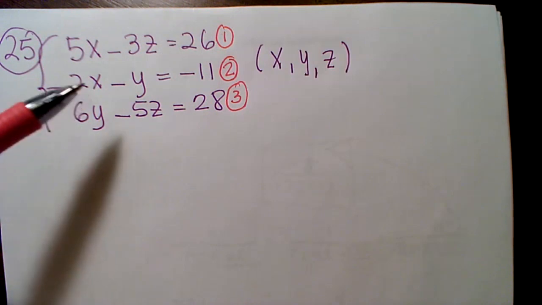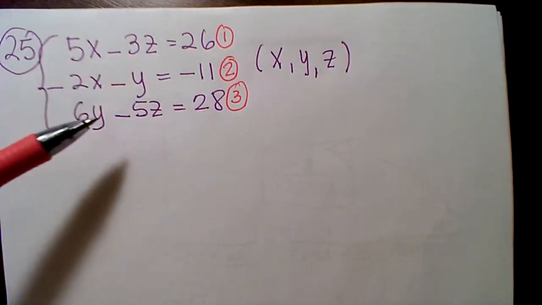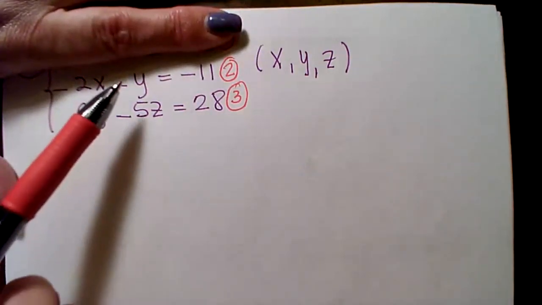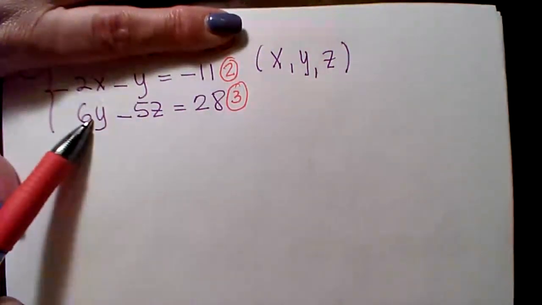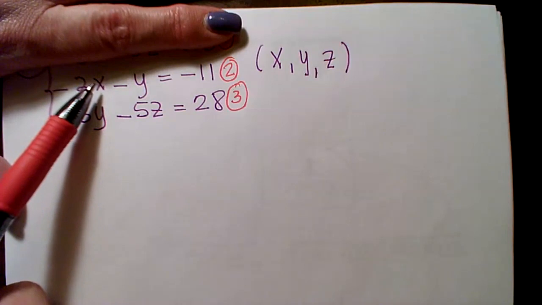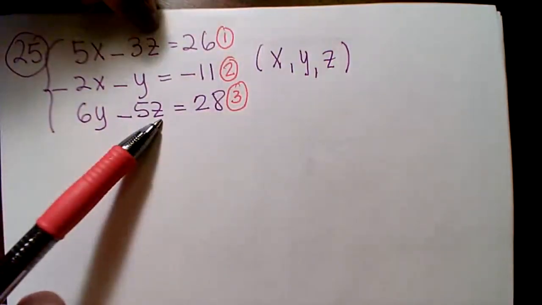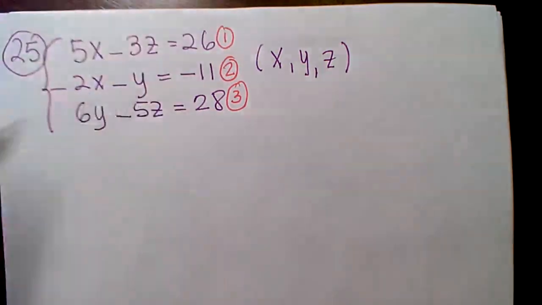If I take 2 and 3 and eliminate the y, it's going to be in terms of x and z. So let's do that.